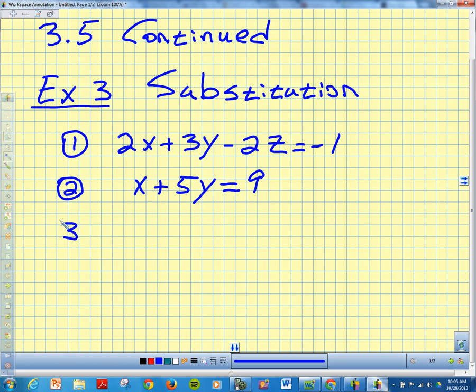Third equation. No, we're going to do the second one in calculator.